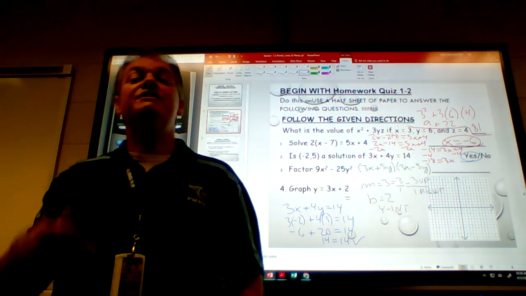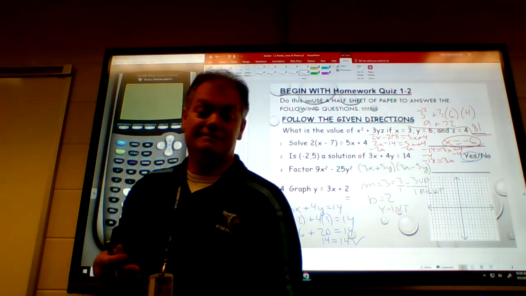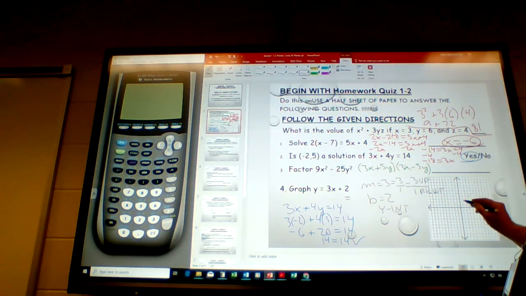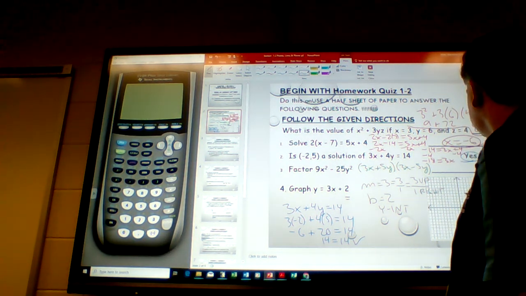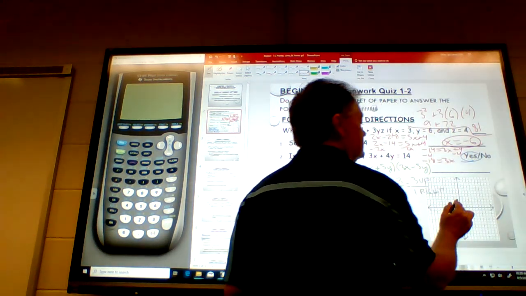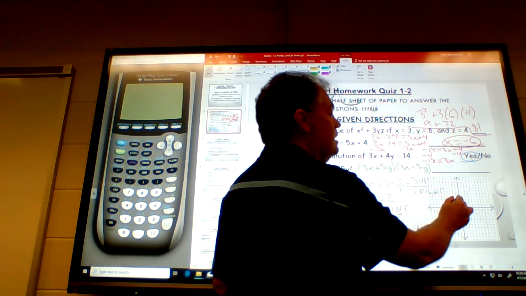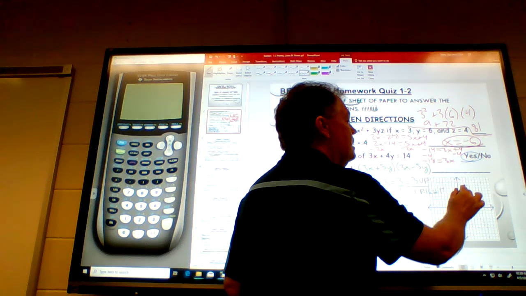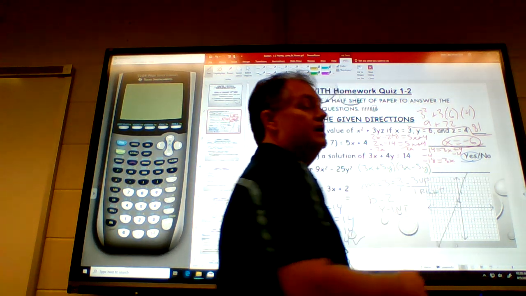Remember, the y-intercept is where the line crosses the y-axis. In this case, it crosses at 2. So I draw a dot right there at 2. And then from here, you go up 3 over 1 and put another dot. Up 3 over 1, another dot, and do the same thing there. And then you draw a line.